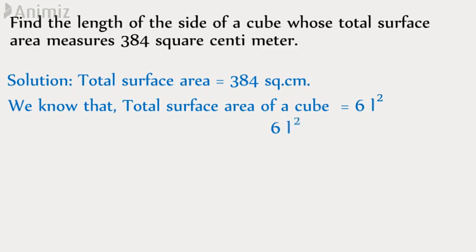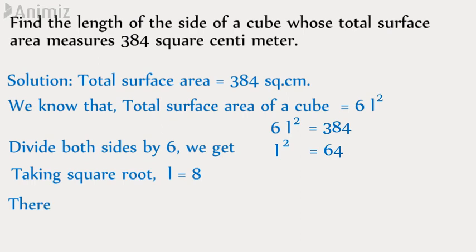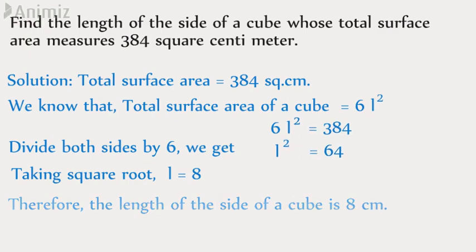So 6L square is equal to 384. Dividing both sides by 6, we get L square is equal to 64. Now taking square root, we get L is equal to 8. Therefore, the length of the side of a cube is 8 cm.